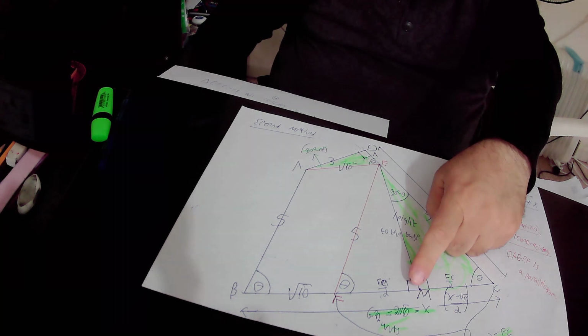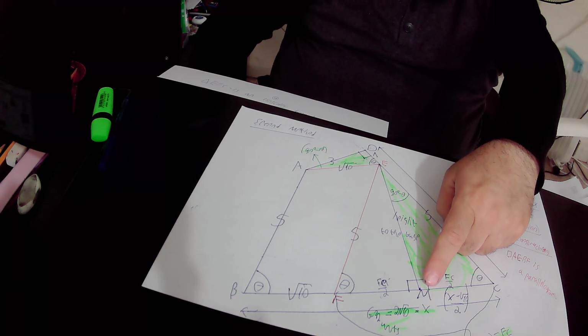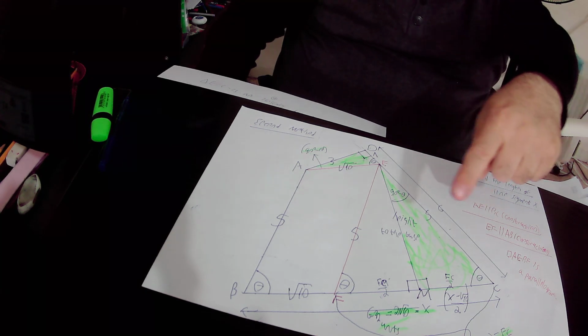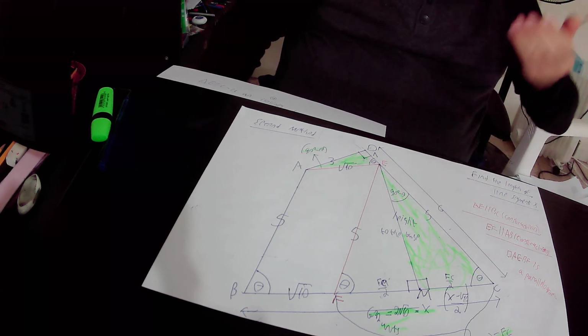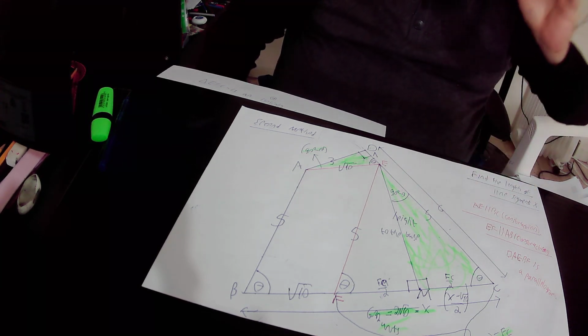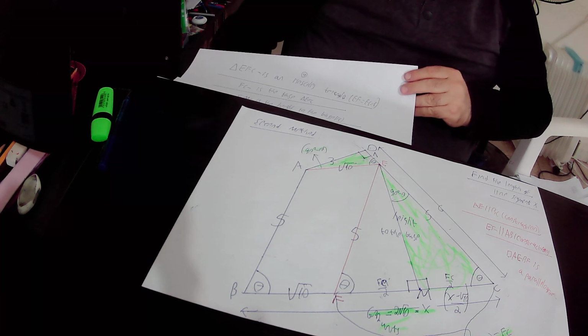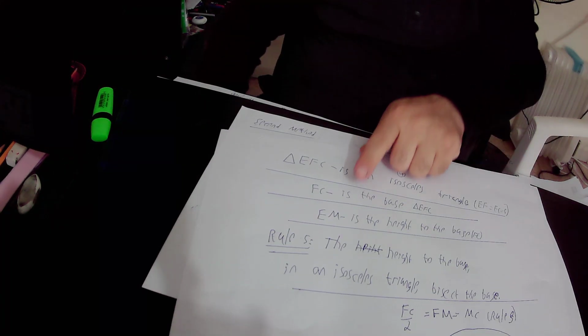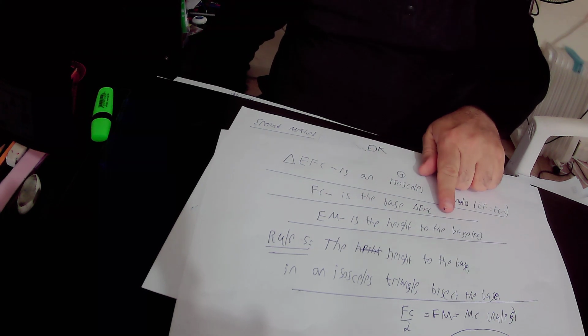That is to say, this angle equals 90 degrees and this angle equals 90 degrees according to our construction. So EM is perpendicular to FC, that is to say EM is the height to the base FC.